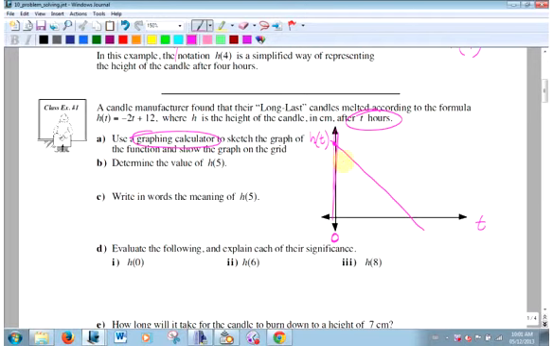I haven't lit it yet. What is that height? We're going to figure that out. As this thing burns, it burns linearly. Sometime later, it's this high. Sometime later, it's that high. Sometime later, it's there. Right there, the t-intercept, do you know what that means? What's the height there?